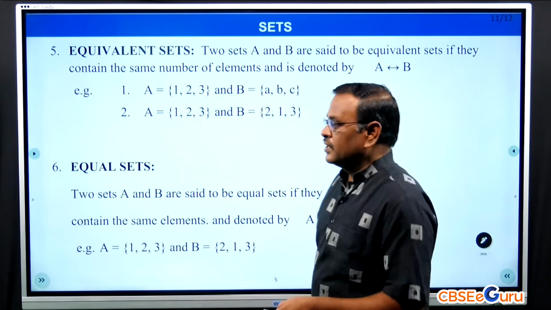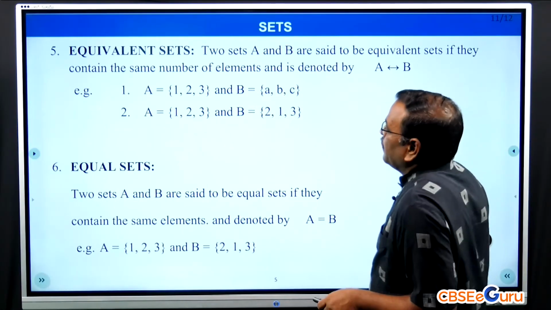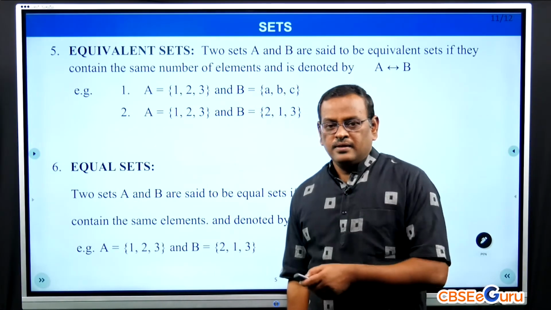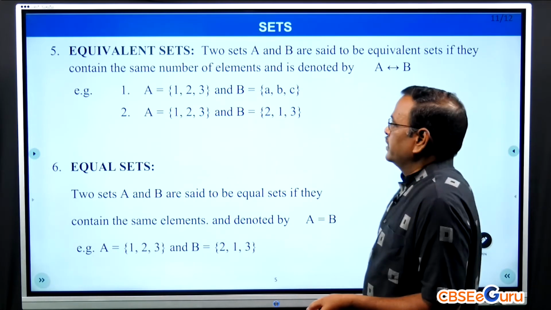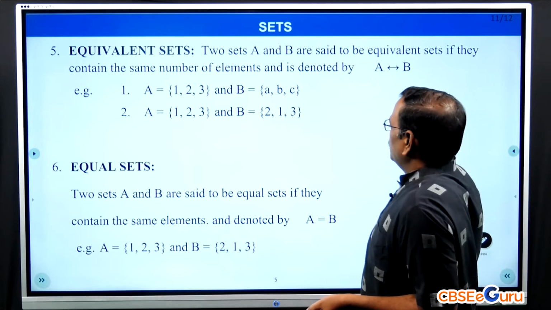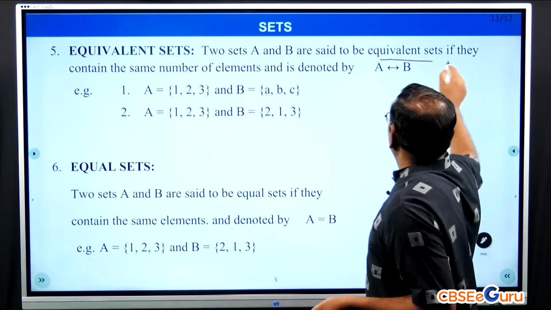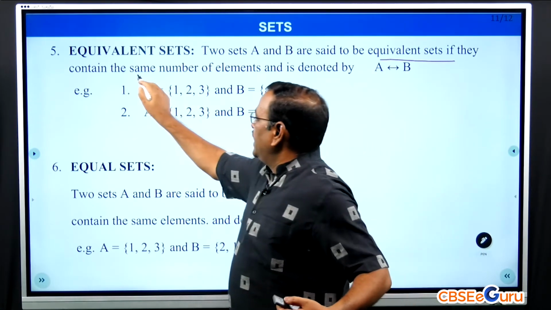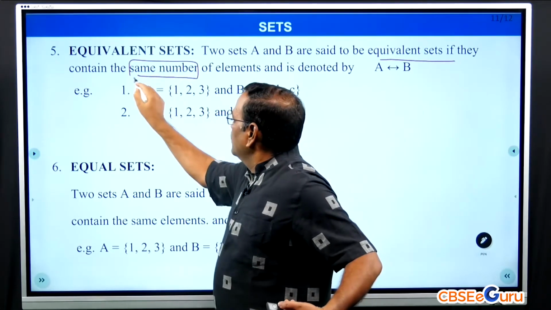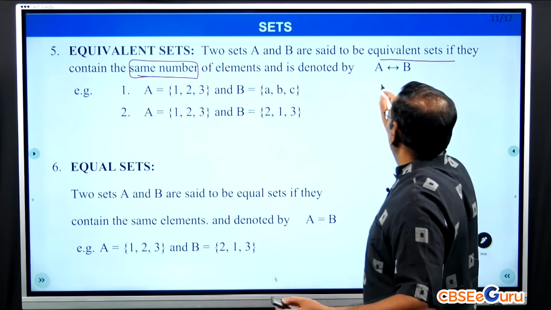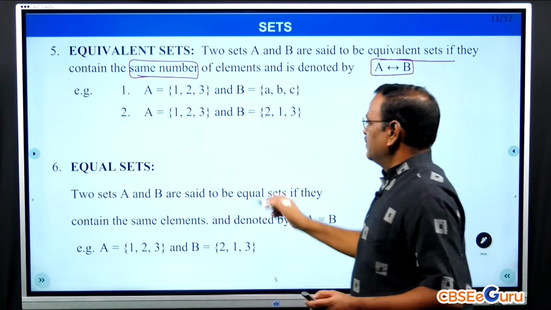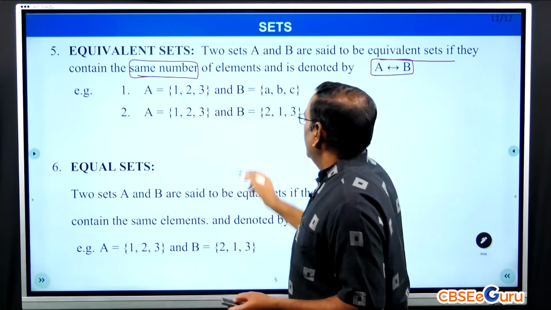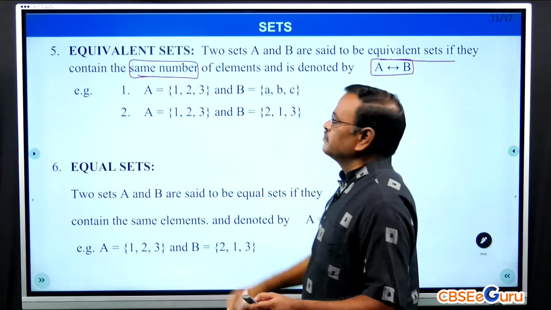Next, very, very important. These were the major points important for your school exams. Equivalent sets. Two sets A and B are said to be equivalent sets if they contain the same number of elements, and it is denoted by A equivalent to B. For example, A equal to 1, 2, 3 and B equal to a, b, c.